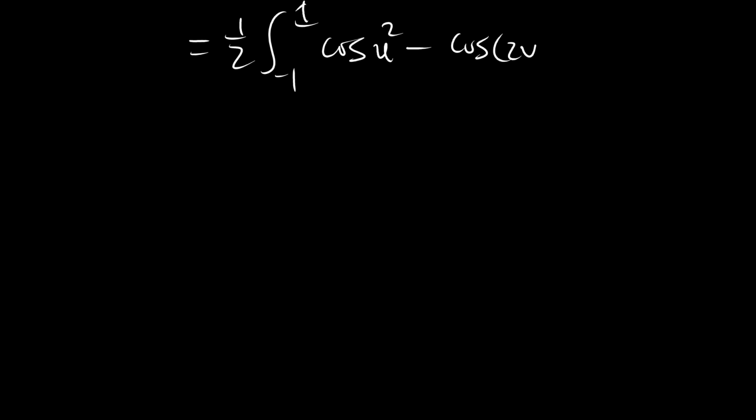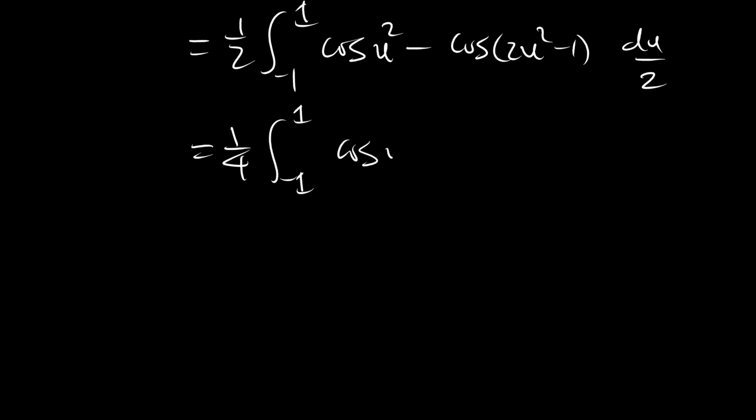And that means that we have half in place of negative 1 to positive 1, cosine of u squared minus cosine of 2u squared minus 1, du over 2, which is a quarter, cosine u squared minus cosine of 2u squared minus 1.